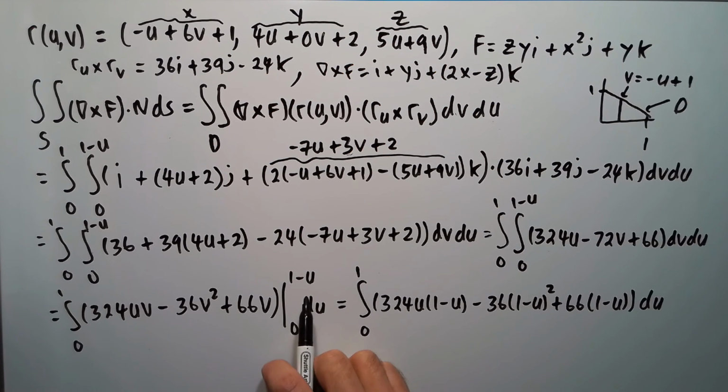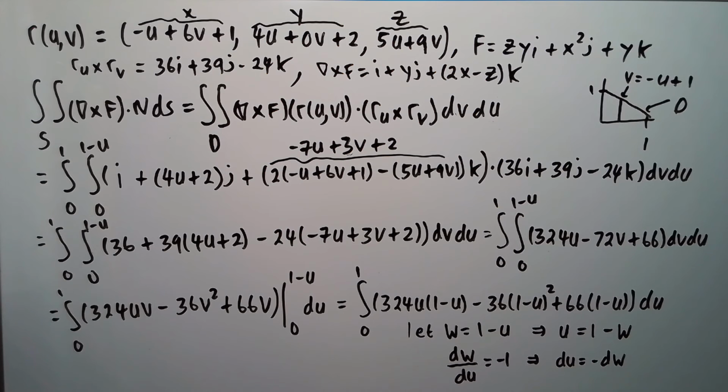So doing that, putting the 1 minus u in place of v here, here, and here, we get this. Now I'm going to make a w substitution. I'm going to let w equal 1 minus u. Okay, so w is 1 minus u. That means u would be 1 minus w, and du would be minus dw. So now we make that substitution up here.